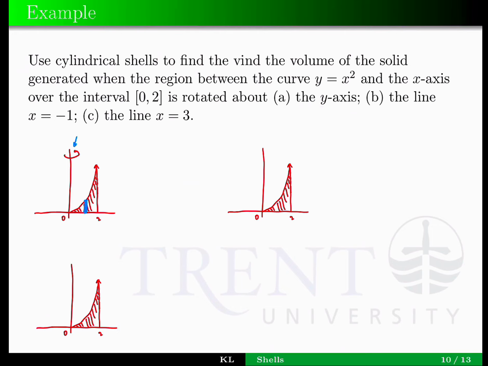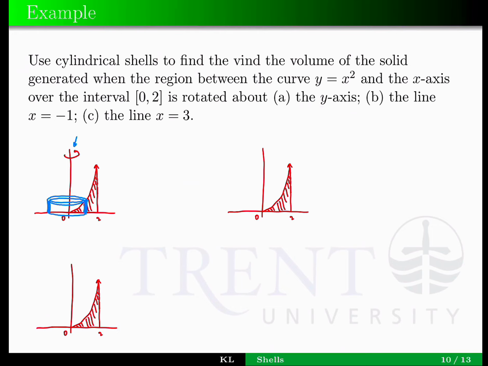If we try to revolve this, it will be something like this, and then there is the shell somewhere here.